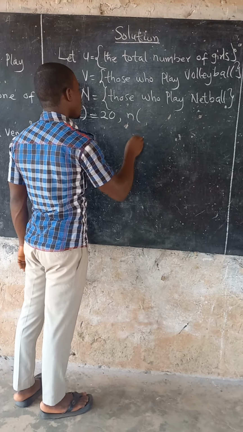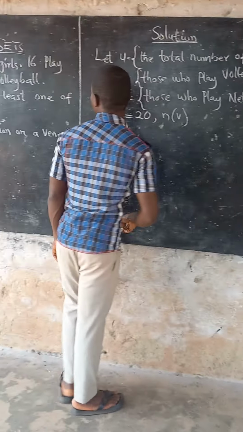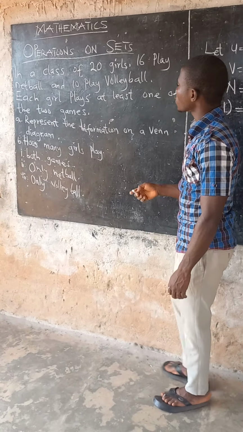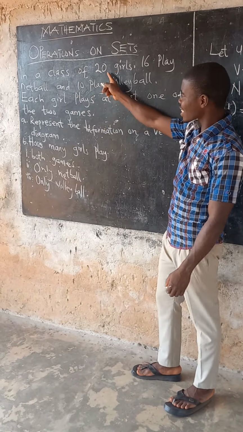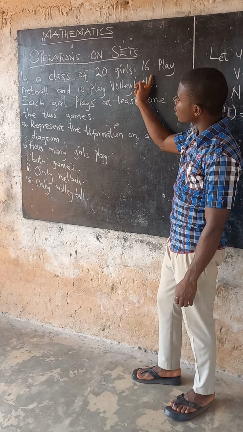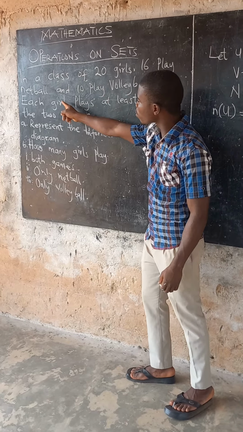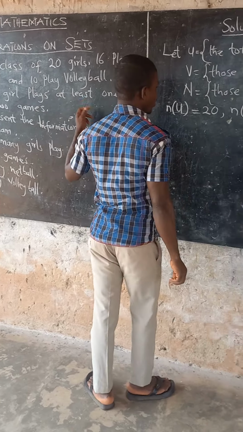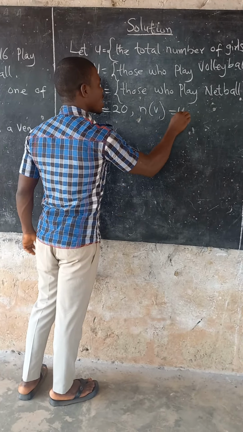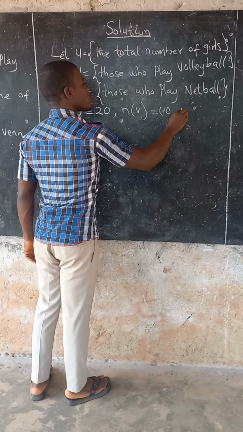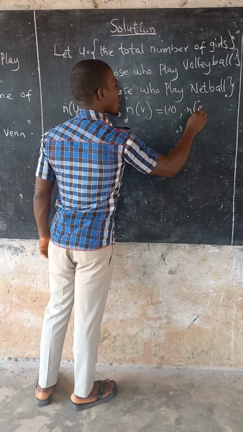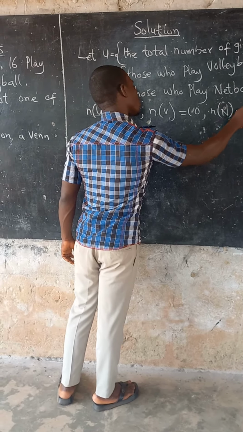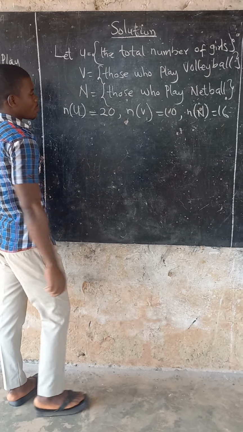Then the number of V, you say that 16 play netball and 10 play volleyball. So the number of V is 10, and the number of N is 16.